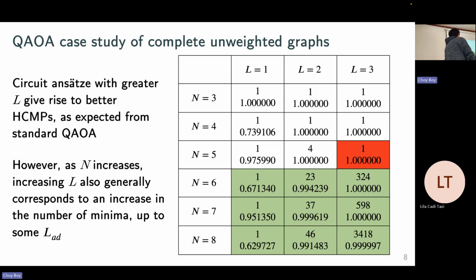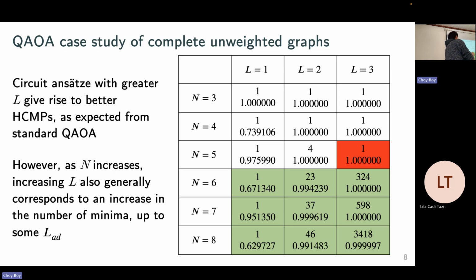The top value for each individual cell is the number of minima, and the bottom value is the highest probability that we obtain for a given minimum. It's expected that as you increase the number of vertices, it becomes harder to find the probability.